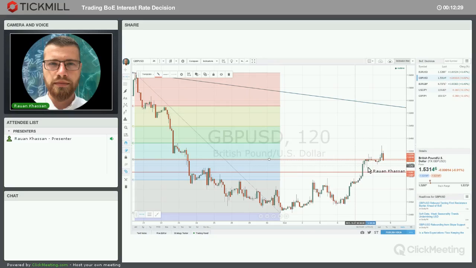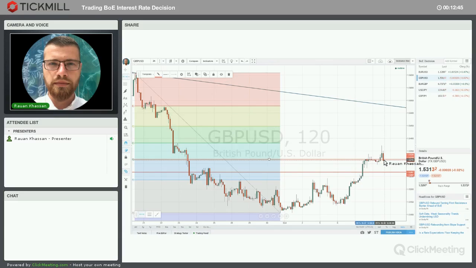Now let's see if the cable would be able to break this level easily. If it's doable, then great.